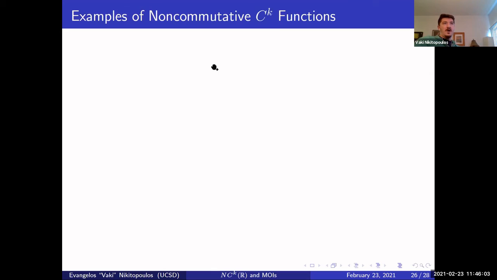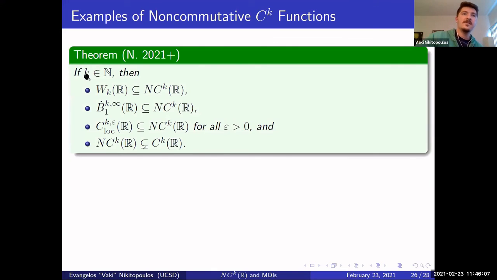And here's the theorem on examples of non-commutative C^k functions. Theorem, if you fix a k, then first of all, if you are in the kth Wiener space, you are non-commutative C^k. Second, if you are in the homogeneous Besov space with smoothness parameter k, integrability parameter infinity, and summability parameter 1, then you are non-commutative C^k.